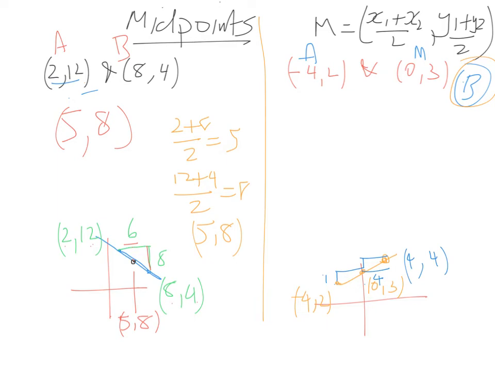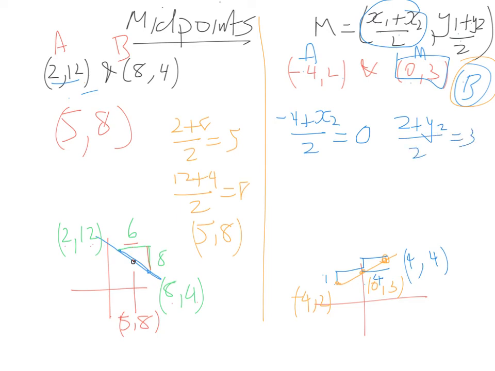We can substitute that into our formula. Here is our midpoint, so we let 0 equal this and 3 equal this, and substitute these two values. For this, we say -4 plus x2 over 2 equals 0, and over here, sorry, not 3, we'll say 2 plus y2 over 2 equals 3.